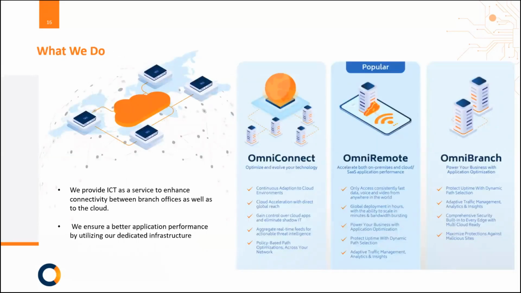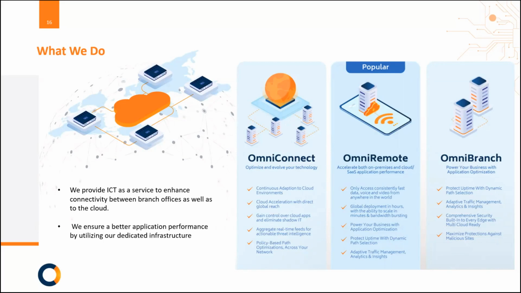So our offerings, if we want to talk about the specific products, we have OmniBranch and OmniRemote, and these are the two components, or if you want to say the SASE client and the SASE branch. So OmniBranch is basically a branch in a box providing the SD-WAN as a service, covering connectivity, security, advanced routing, the capability to manage and monitor all your branches and headquarters from a single pane of glass with zero-touch provisioning.